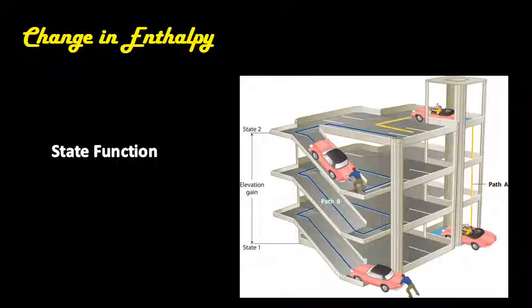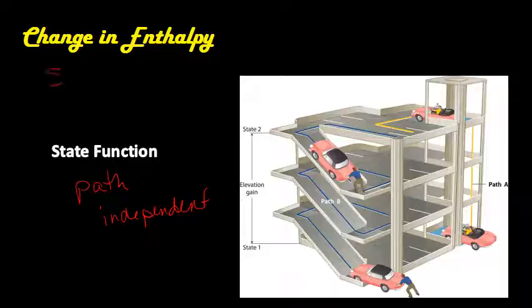This is one of my favorite pictures to describe a state function. A state function, again, is what we call path independent. It does not matter the path you take. The change in enthalpy only cares about the start and the finish line. So, hey, if you want to stand down here at the bottom, push the automobile all the way up here to the top, have at it.